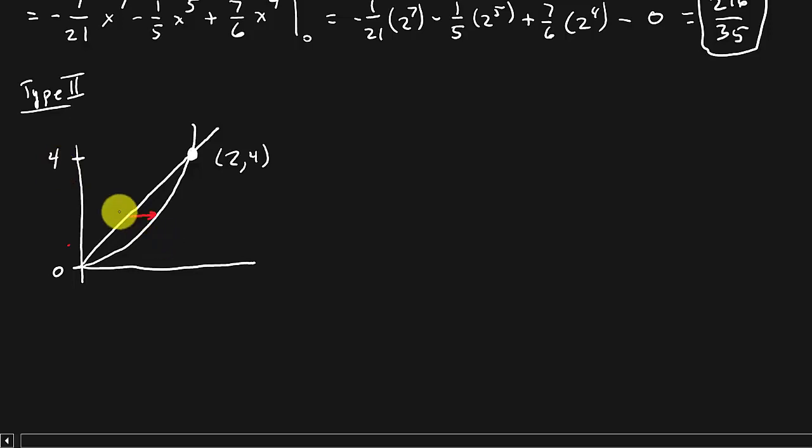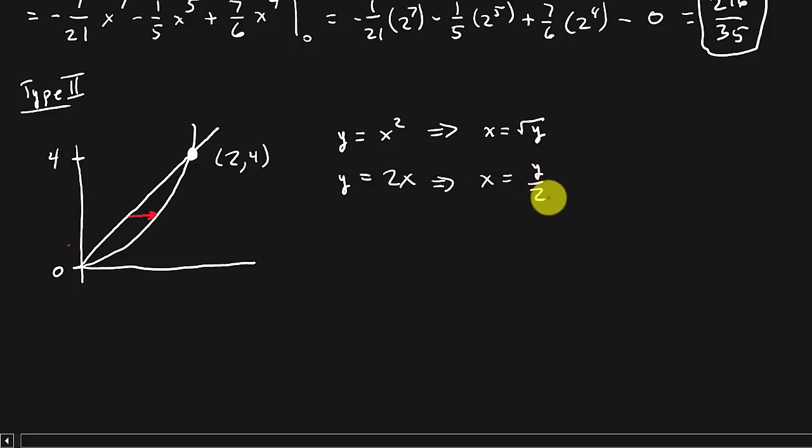Now, what about these functions here? Well, we have y equals x squared, and we have y equals, what was it, 2x. But I need these functions in terms of y instead of x. So this tells me that x is equal to the square root of y, and this one tells me x is equal to y over 2, if we solve.